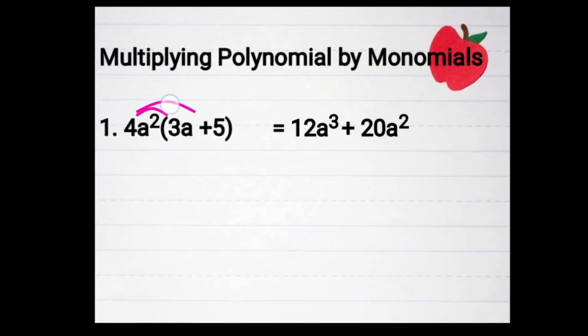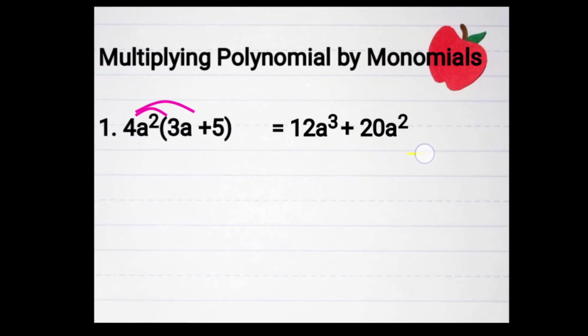Therefore, we have to copy a squared on the answer. So, a squared beside 20, because 20 is from 4 times 5. So that's it. Our answer is 12a cubed plus 20a squared.